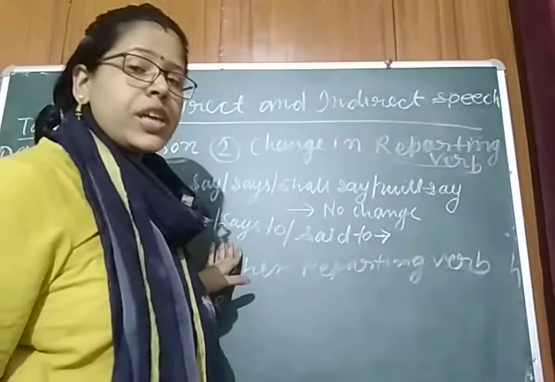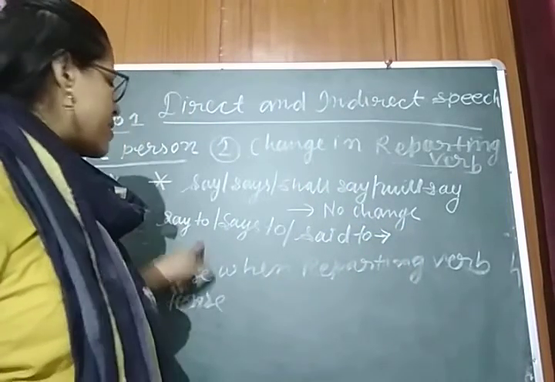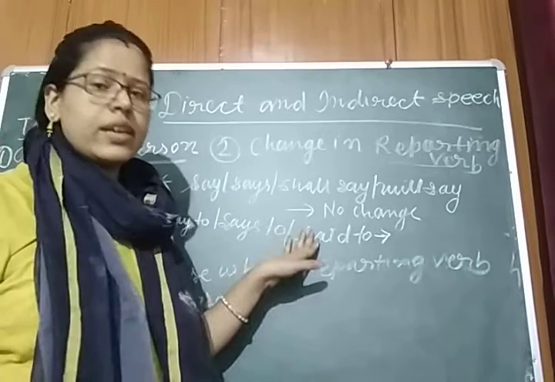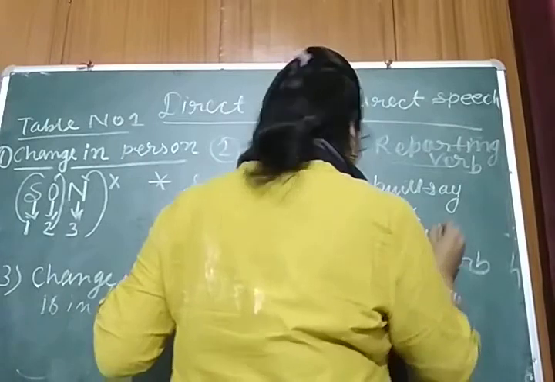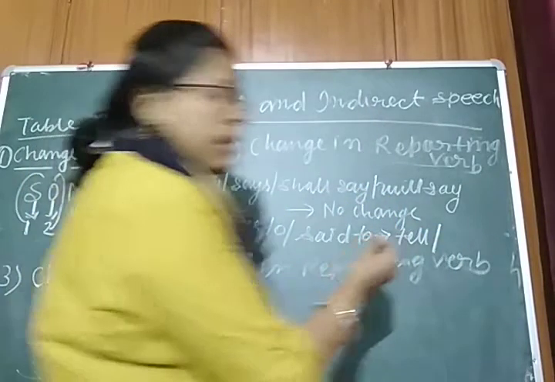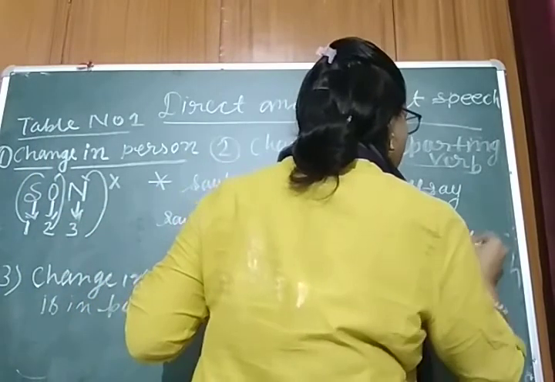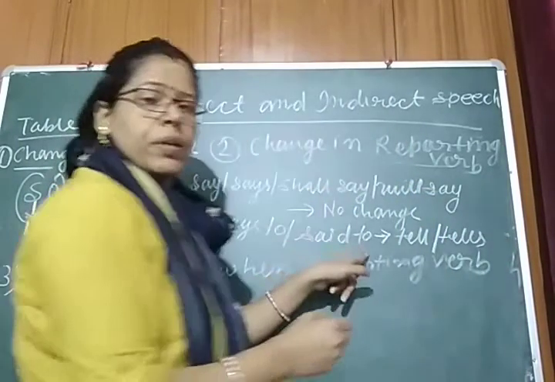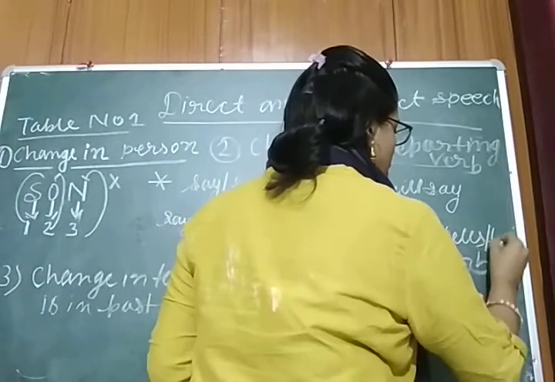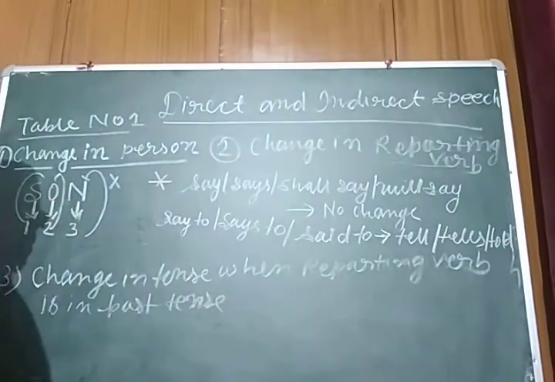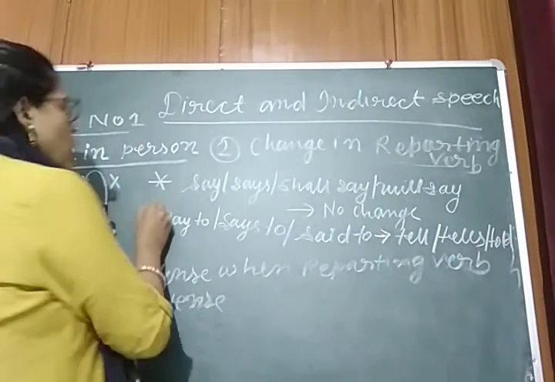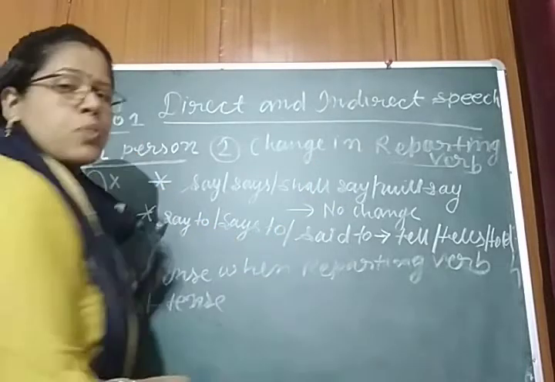And what will be changed? If you are getting say to, says to, or said to, then say to will become tell, says to will become tells, and said to will become told. All right. So this was all about the change in the reporting verb.